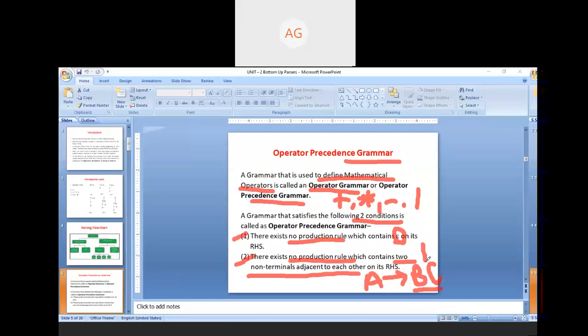There exists no terminal which is separating the non-terminals. So these are the two rules which decide whether the grammar is operator precedence grammar or not. Do all of you understand these rules? Just write in the chat box so that we can move further. Okay, so just remember these two rules.